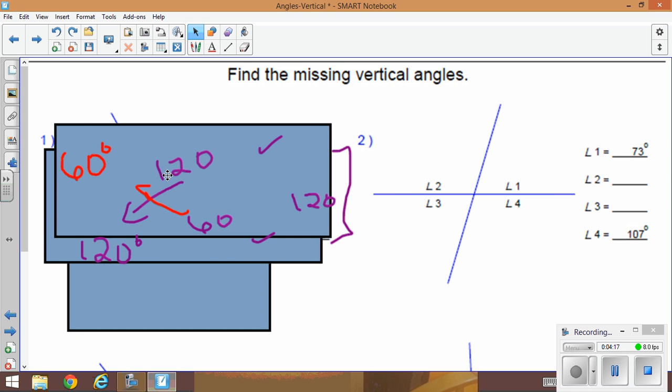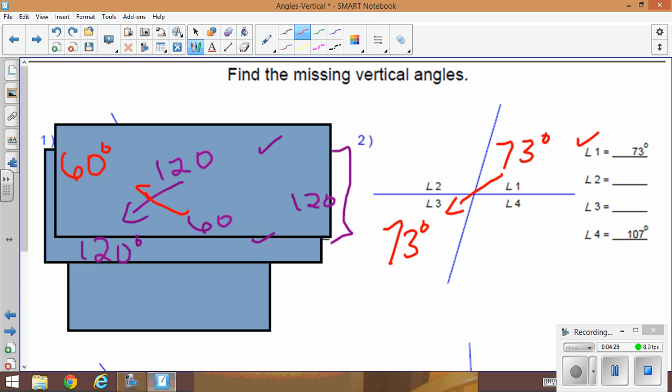All right, taking a look at example 2, I know angle 1 is 73 degrees. 1 is vertical to 3, so that means angle 3 is 73 degrees. Okay, and I know angle 4 is 107 degrees, which means angle 2 is vertical and is 107 degrees as well.